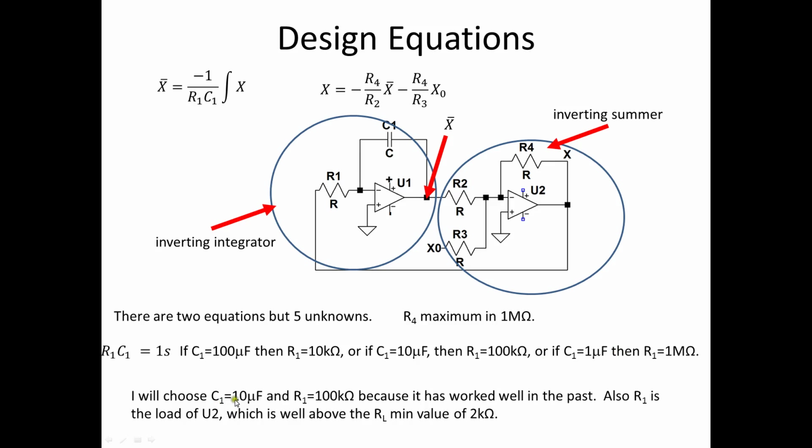I'm going to choose C1 equals 10 microfarads because that's an easy to get capacitor in the lab, and I've used it in the past. Also, R1 right here is the load of U2, so it has to be above 2 to 10 kilo ohms depending on the op-amp, because R1, connected to virtual ground, is the load of that op-amp.